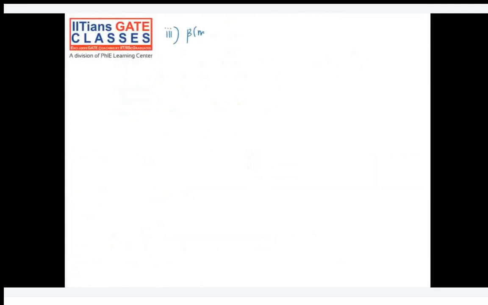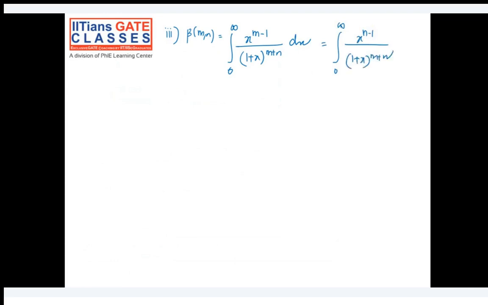Another formula is integration 0 to infinity x raised to power m minus 1 divided by 1 plus x raised to the power m plus n dx, or integration 0 to infinity x raised to power n minus 1 divided by 1 plus x raised to the power m plus n. Because beta m comma n is equal to beta n comma m, so we can write it like this.